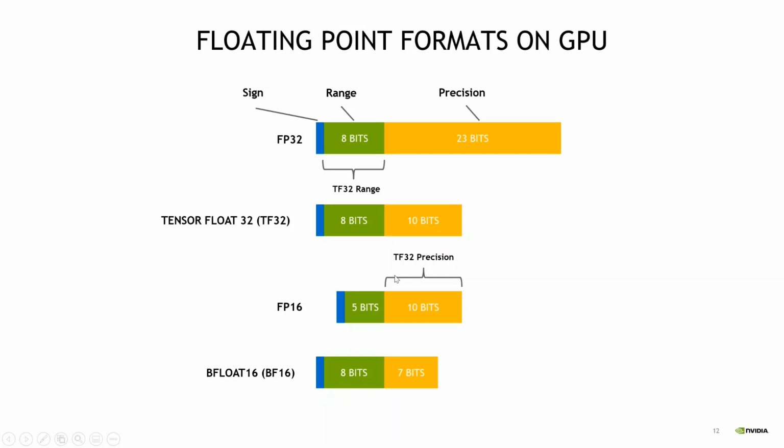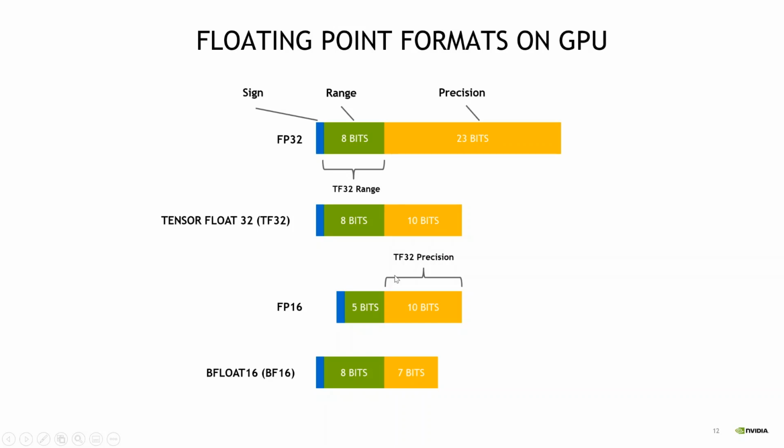TensorFloat32 adopts the same 8-bit exponent as floating point 32, so it can support the same numeric range. The combination makes TensorFloat32 a great alternative to FP32 for crunching through single precision math, specifically the massive multiply accumulate functions at the heart of deep learning and many HPC applications.